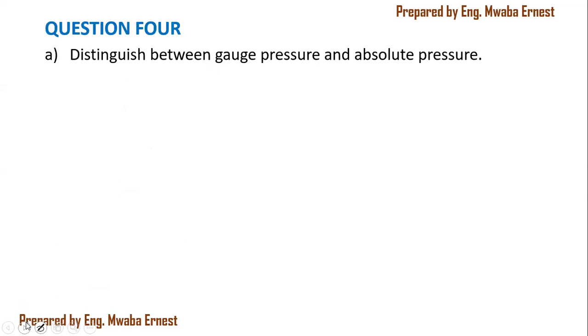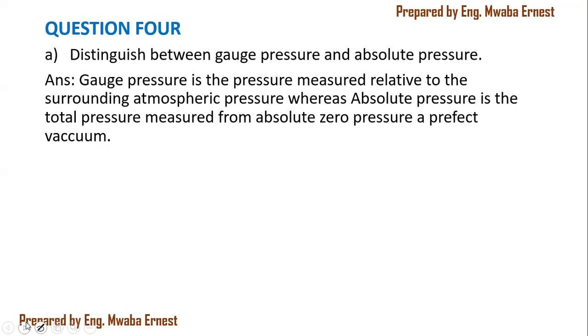Next, good. So question number 4: distinguish between gauge pressure and absolute pressure. When we talk about gauge pressure, this is the kind of pressure you measure when you use atmospheric pressure as our zero, as our reference pressure.